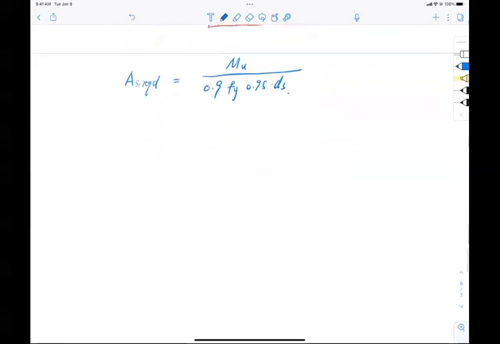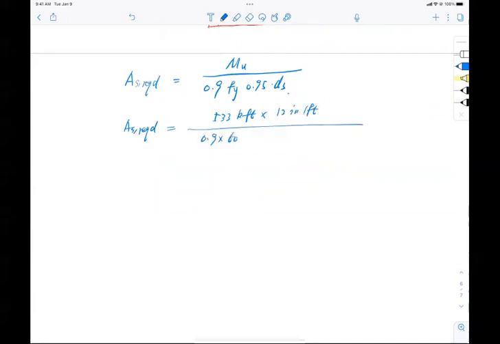So bring the number in, AS required equal to Mu, that is 533 kip-foot. Convert everything back to inches, 12 inch per foot, and divided by 0.9, 60 ksi multiplied by 0.95, and ds equal to 20 inch. So AS required, you punch the number in, and to save your time, I got 6.24 inch squared.